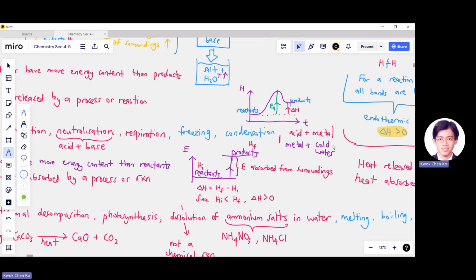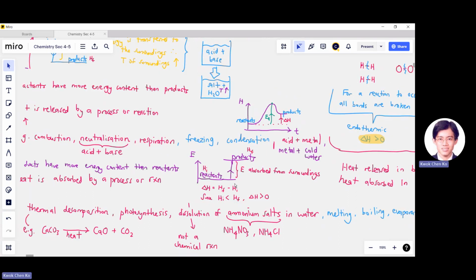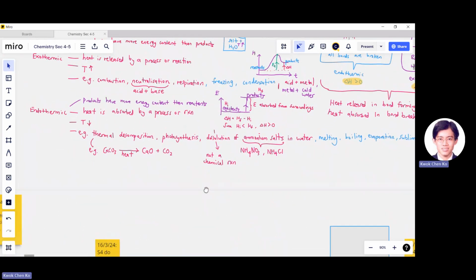Add this in, and this is exothermic. As hydrogen is added it occurs, so they have to be in excess. So this is neutralization. Exo.